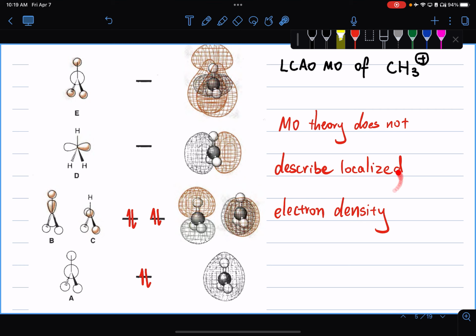And in the LCAO-MO, these bottom 3 are my lowest occupied molecular orbitals, where we expect electron density to be. But in the LCAO-MO, we don't see that carbon-hydrogen single bond. Rather, the electron density is just fully delocalized over the entire molecule. So the result here is we don't know where exactly your single bond is.